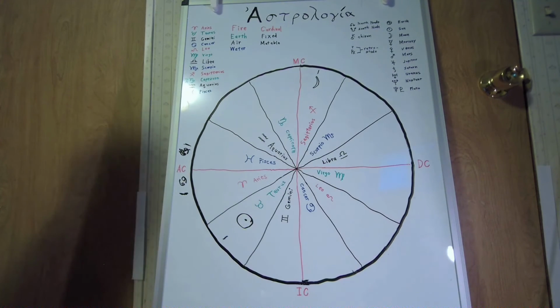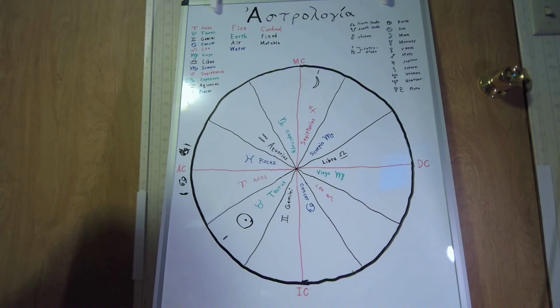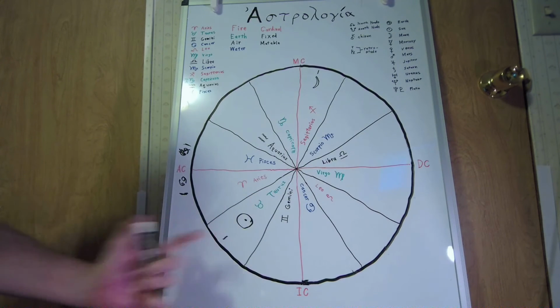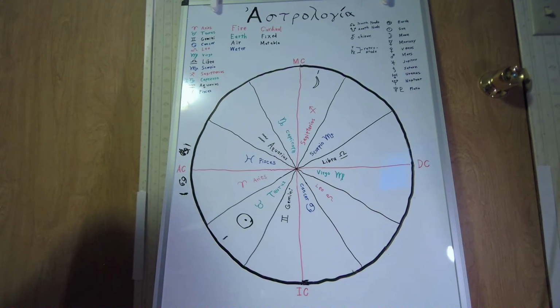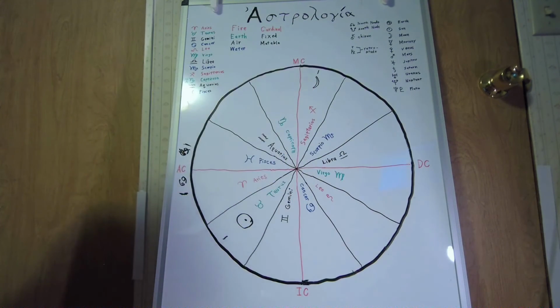Now, what do we know about the Sun? The Sun is your ego, core self, and general characteristics. Having that in Taurus means that your ego, your core self, and general characteristics are going to be practical and realistic and resistant to change. Now, your moon, your emotions, intuition, and inner self, having that in Sagittarius is going to mean that your emotions, intuition, and inner self are going to be enthusiastic and spontaneous and adaptable and flexible.